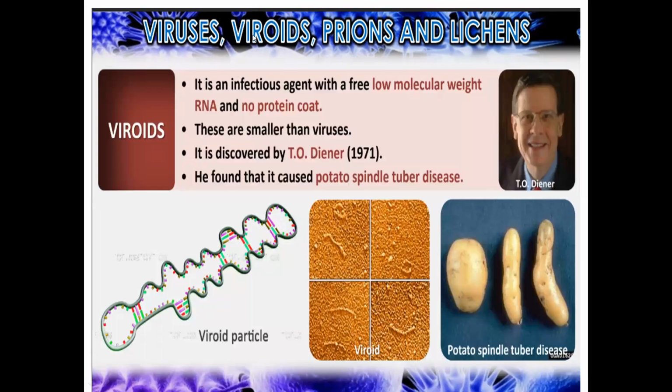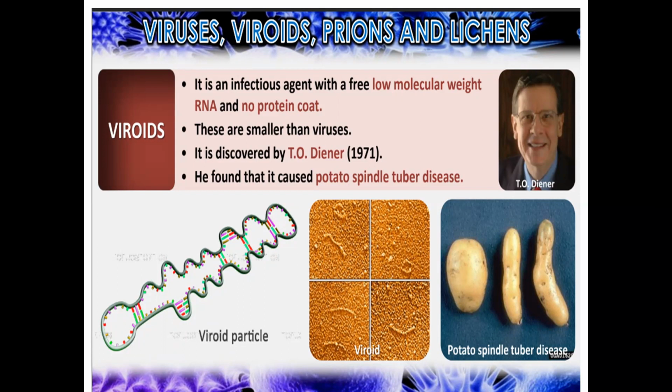Viroids. A viroid is an infectious agent with free low molecular weight RNA and no protein coat. Here you can see just the RNA, but there is no protein coat. It is not like a virus. A virus has two parts: the protein coat as well as the RNA or DNA.